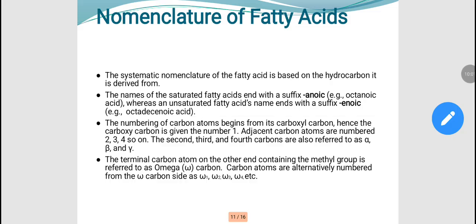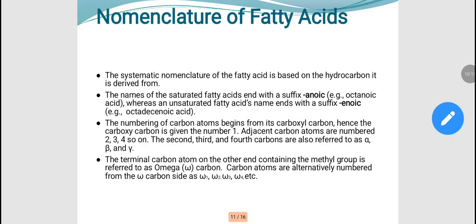The numbering of carbon atoms begins from the carboxyl carbon. Hence, the carboxyl carbon is given the number 1. The adjacent carbon atoms are numbered 2, 3, 4. The second, third, and fourth carbons are also referred to as alpha, beta, and gamma.